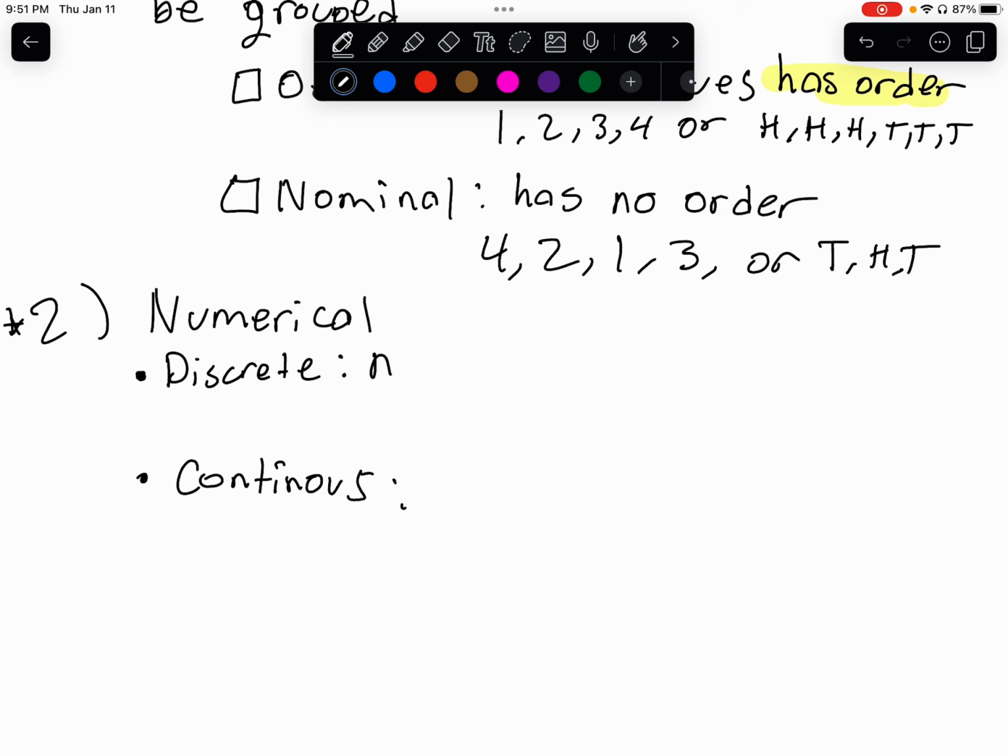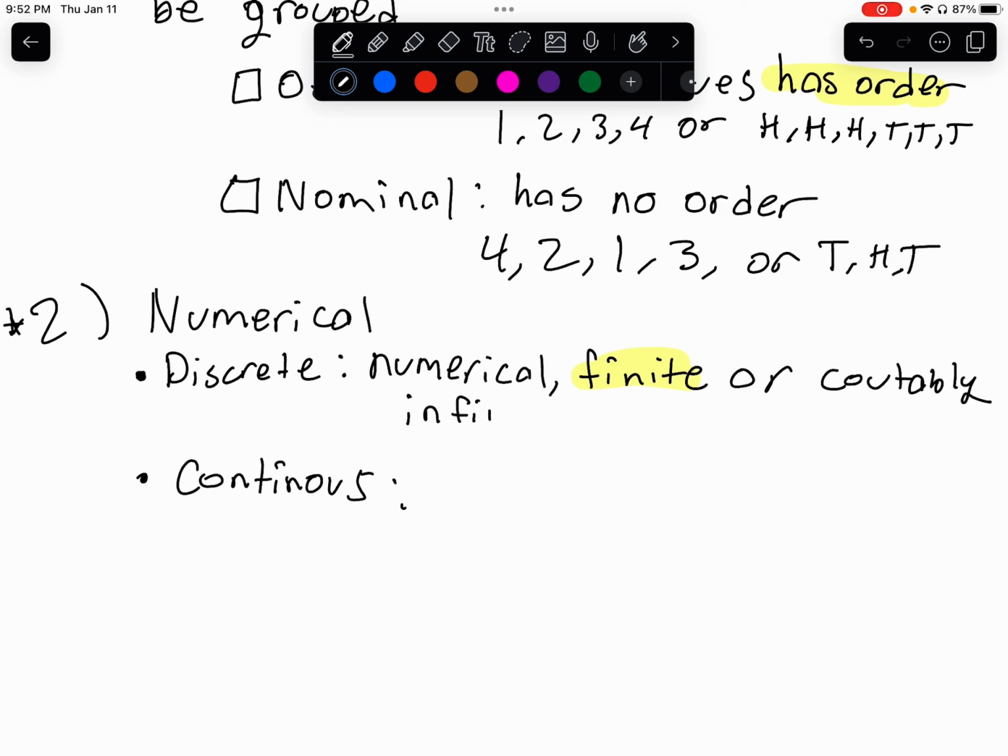So our discrete one is numerical. So if you find a discrete variable, it's numerical. The keyword, they're infinite. They're finite, I apologize. So they're finite. I'm going to highlight this. Finite, or countable, with infinite possibilities.